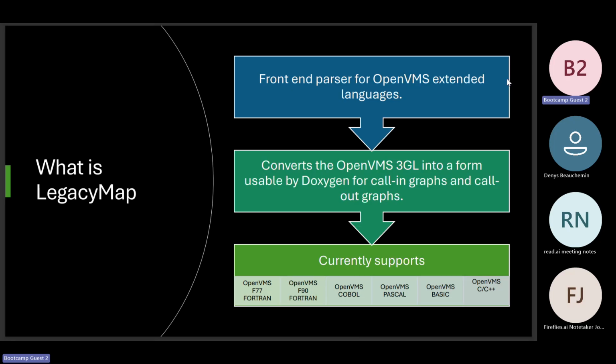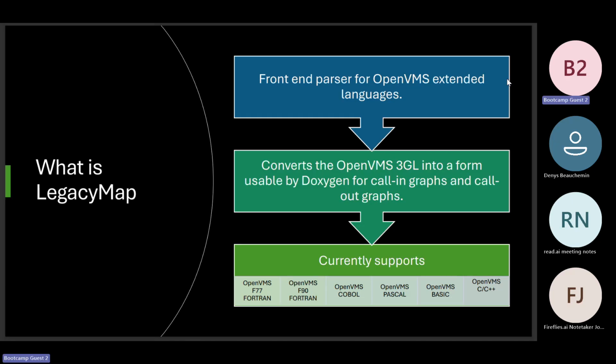We make a meta C language out of COBOL. Calls in, calls out in a language that Doxygen understands. So we convert the OpenVMS 3GL into a form that's usable by Doxygen. At that point, we sort of fake it out and put in all the tags and the meta tags so that Doxygen knows what to do with that.